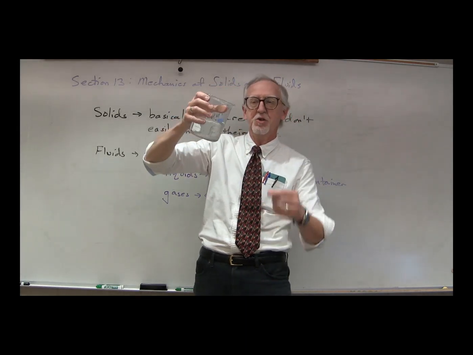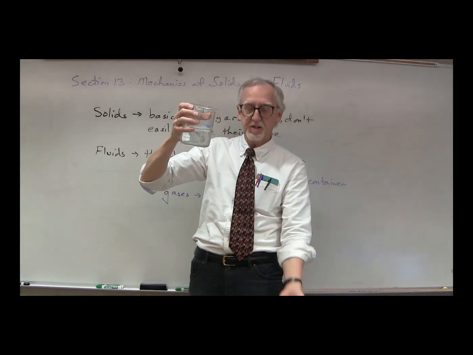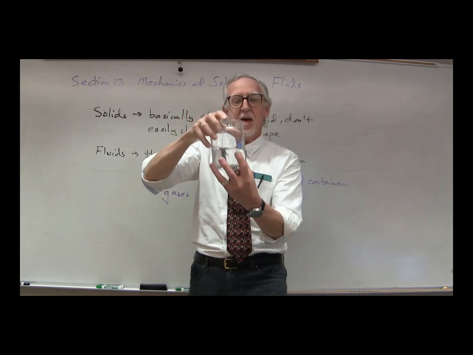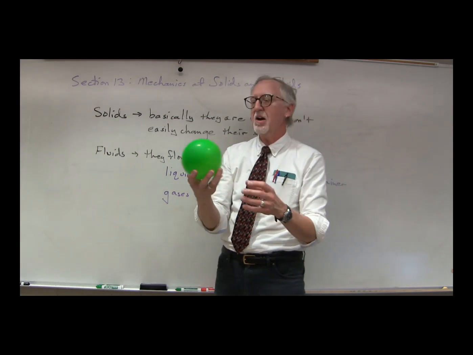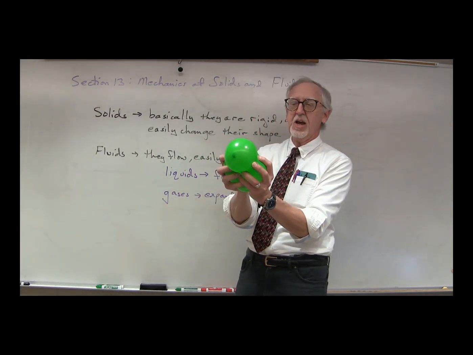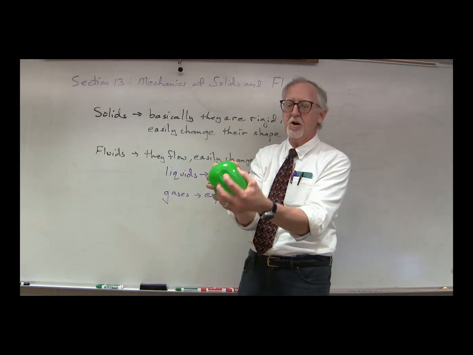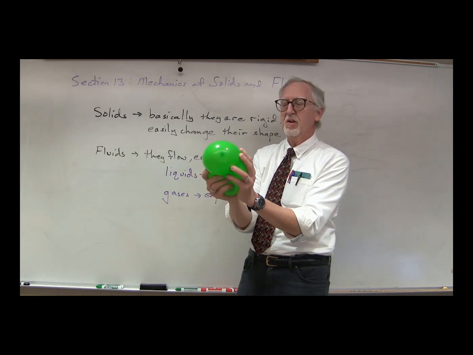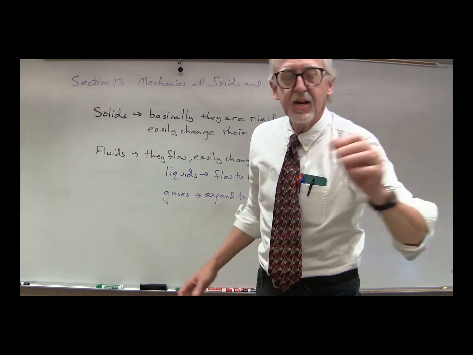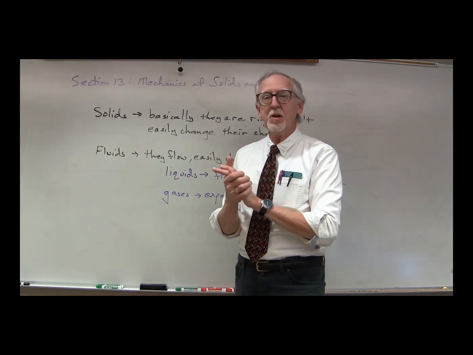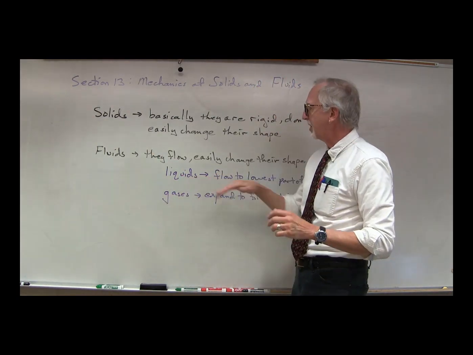If I were to tip it too much, it would fall down, falling to the lowest part of the room. And gas, here I've got a gas in a balloon, just air, and if I change the shape of the container, the gas always fills whatever amount of container we have. So that's the difference, for the moment anyway, between two different kinds of fluids, liquids and gases.